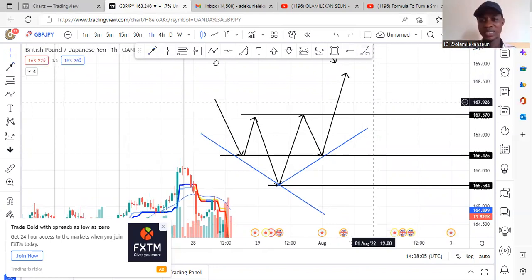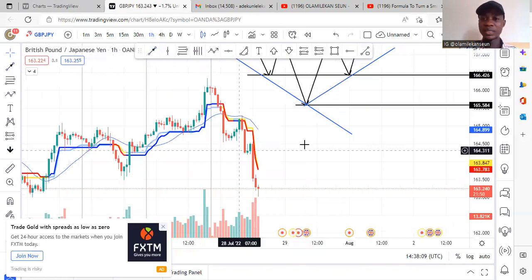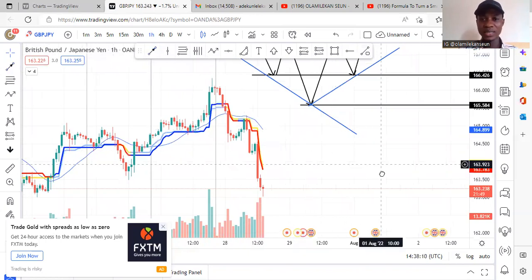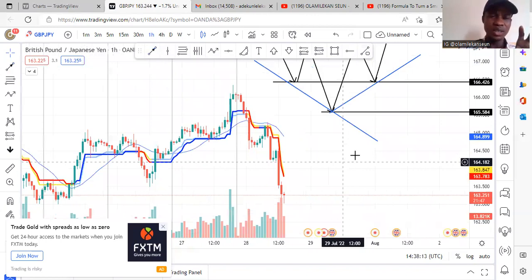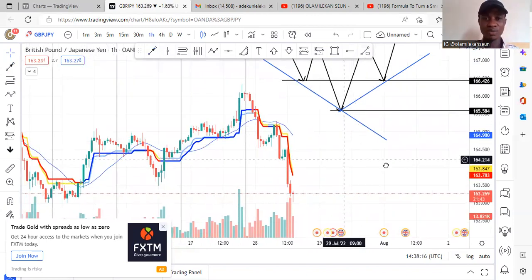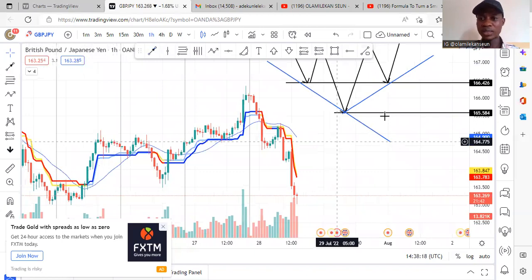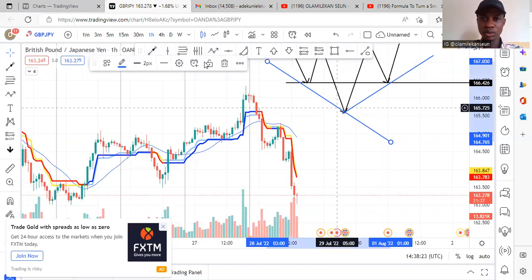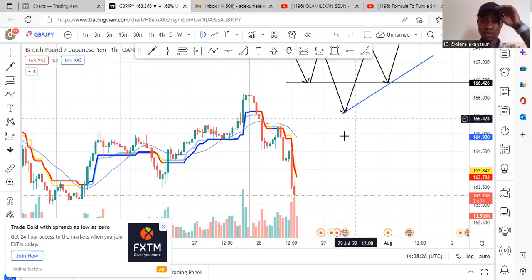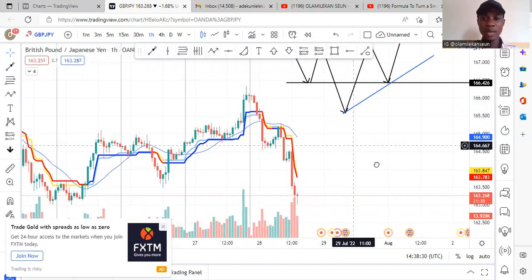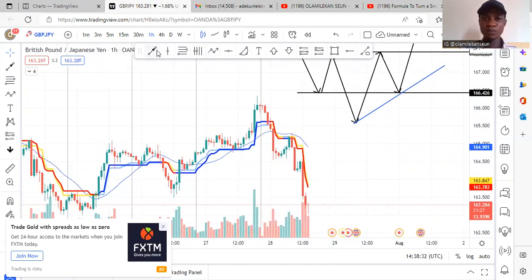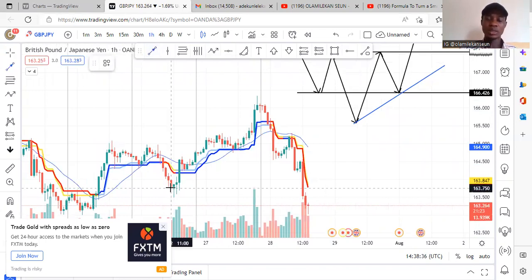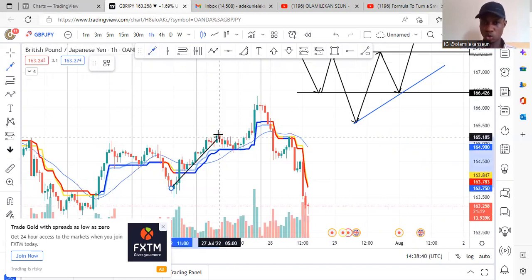So let's go to the chart and see how you can easily identify it. This is GBP JPY. If you look at this GBP JPY, you would see that from this point, the market is going up.